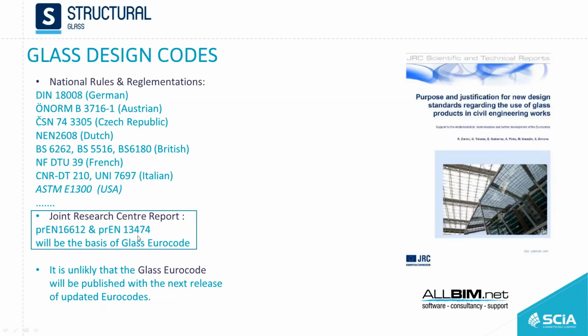They add some rules, but mostly they have the same formulas for calculating the capacity, and they will constitute the basis of the glass Eurocode due to the fact that they are calibrated to the load coefficients of the Eurocode. So they will ensure the same reliability of the design. So we know that there's a 2% or 10% chance to get a failure in 50 years.